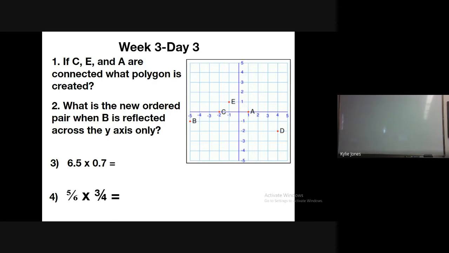How do you multiply fractions again? Multiply straight across.